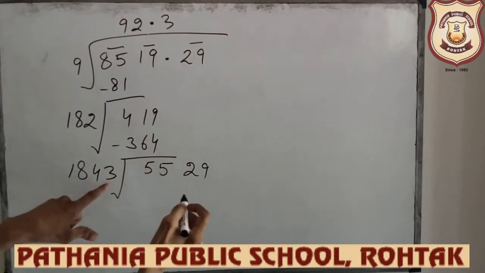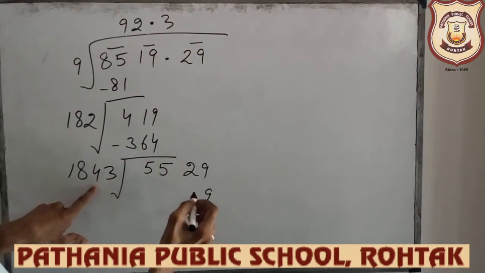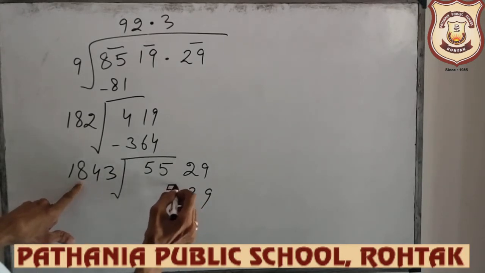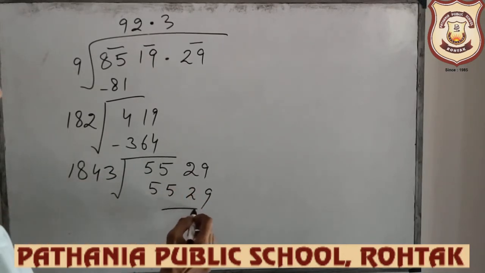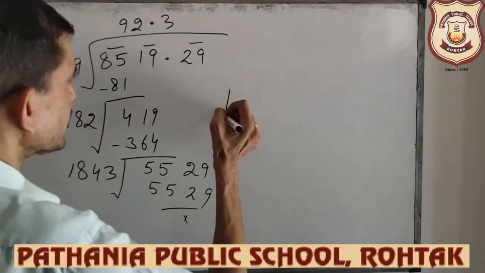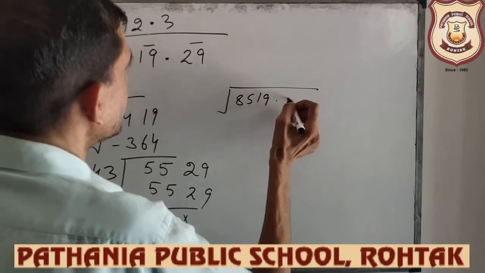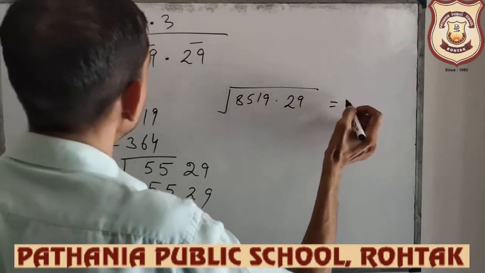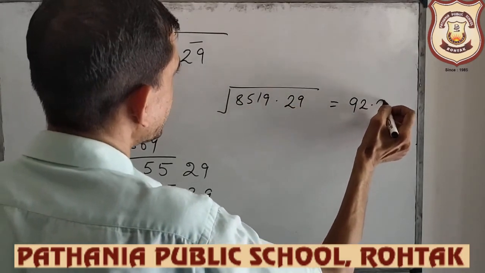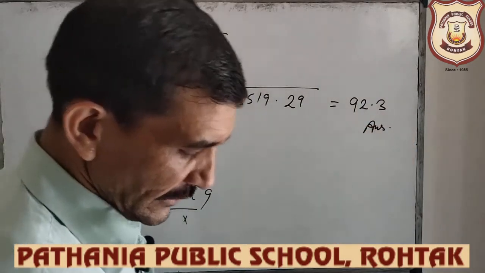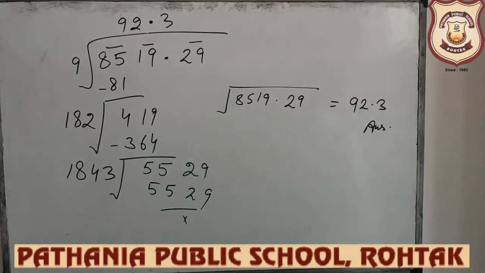Put 3 here: 3 3s are 9, 3 4s are 12, 3 8s are 24, and 1 makes 5. So this is the 0 remainder. Therefore the square root of 8519.29 is equal to 92.3. Answer. This is the way to find the square root of decimal numbers.